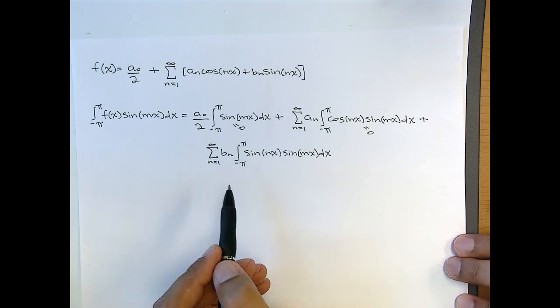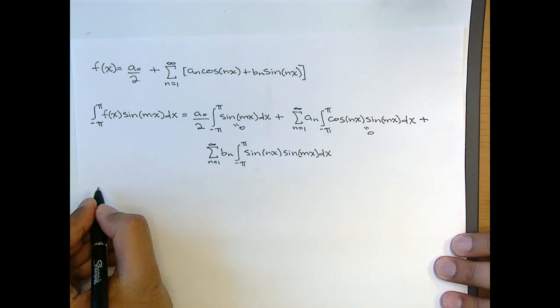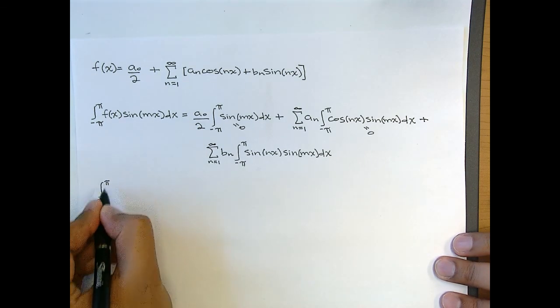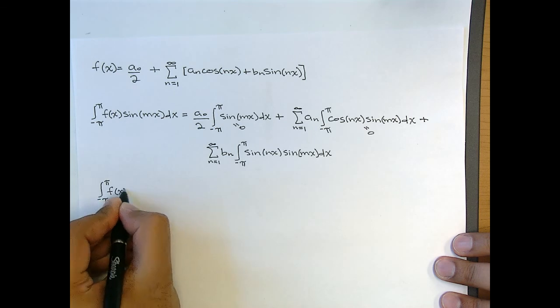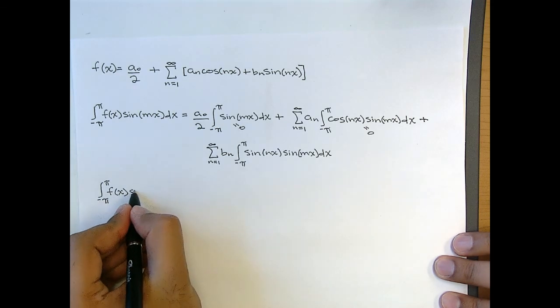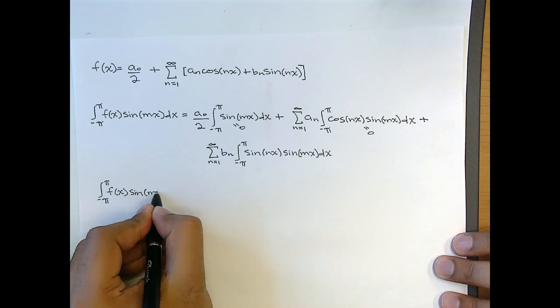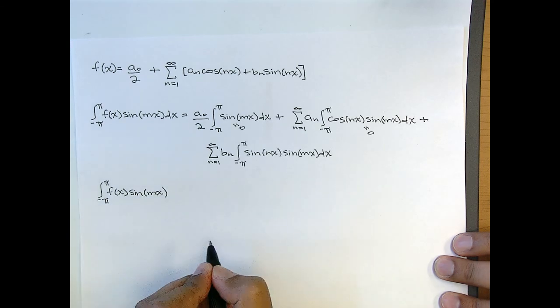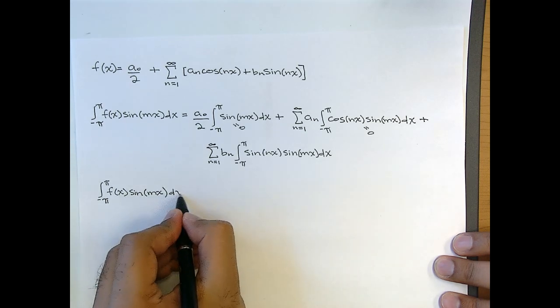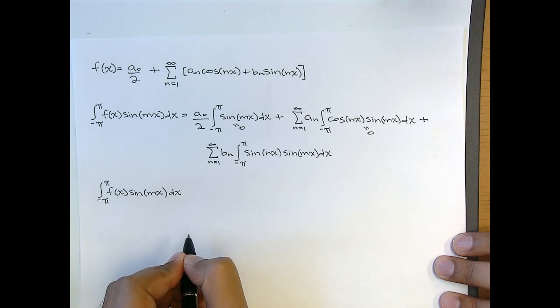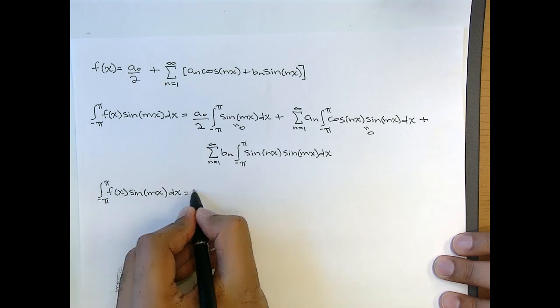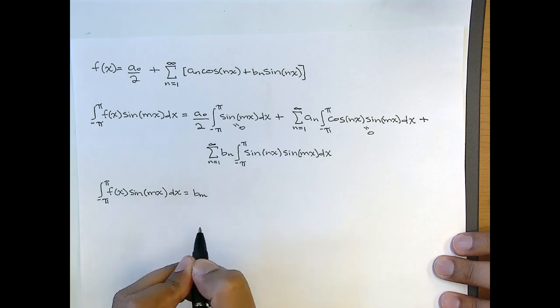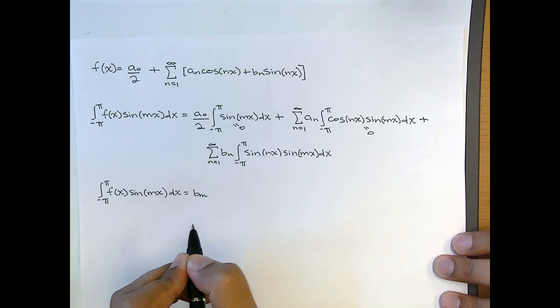So what we get here is the integral from negative pi to pi of f of x sine of mx dx, and that is equal to b sub m times pi.